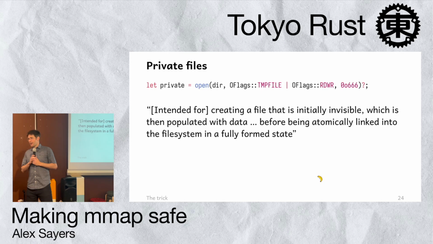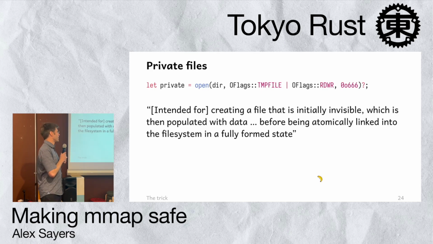But I put it to you that a file with no path can't be opened by any other process. And for a file that's never had a path, you know for a fact that the file descriptor you got back when you called open is the only file descriptor which references that file.